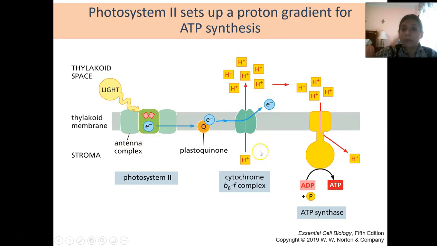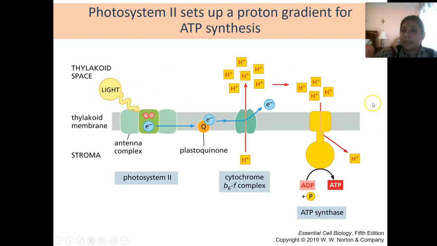Here, you have only one complex in the center, and that's the cytochrome B6F complex. This complex is what is going to produce the proton gradient by, as it takes in that plastoquinone and separates those electrons, shuttling hydrogen ions or protons across the membrane.